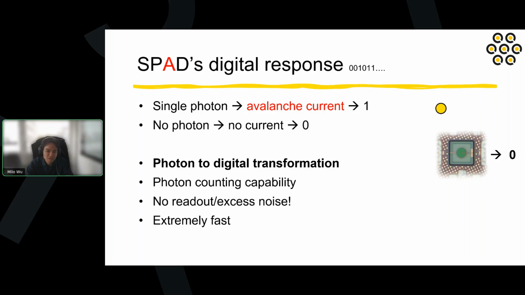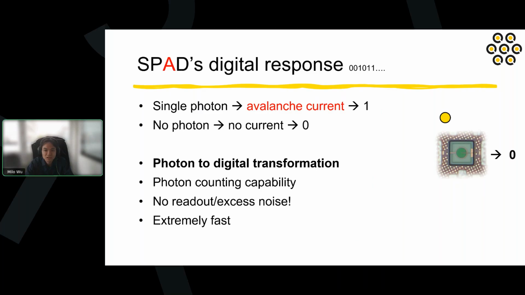If there's no photon, there's no current, then you have 0. So basically, SPAD is a photon-to-digital transformation that gives you only zeros and ones as an output. This gives you the capability of photon counting, and because it's digital, there's no readout and no excess noise, and it's extremely fast.